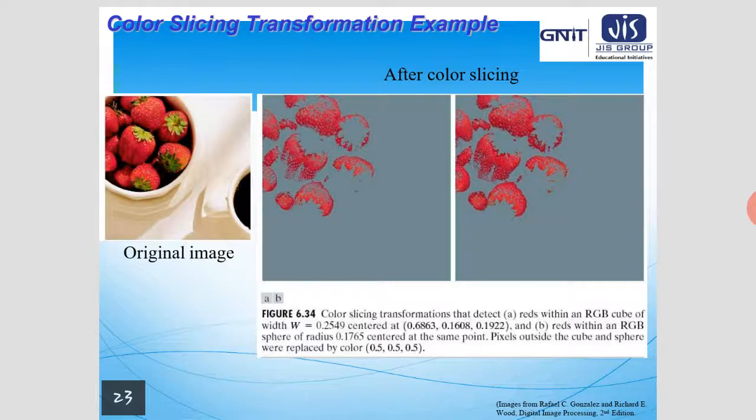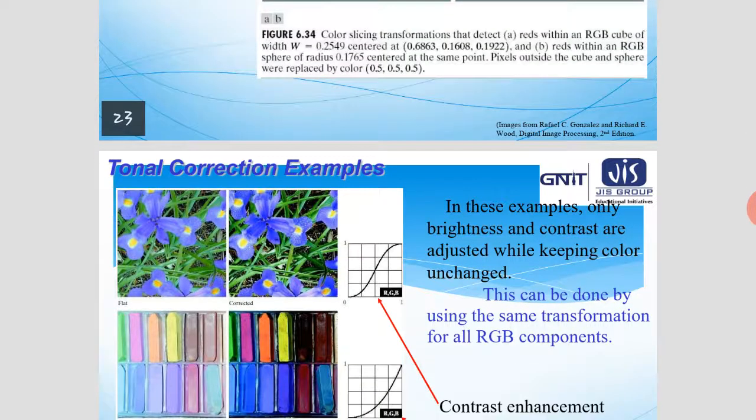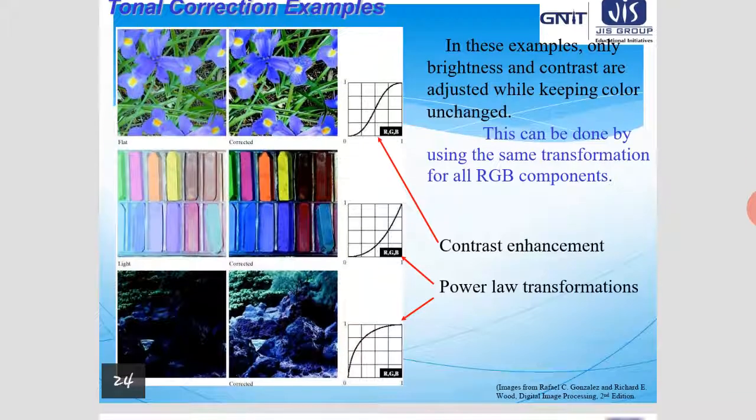Pixels outside the sphere were replaced by the color (0.5, 0.5, 0.5), which is like a gray value. So it is very easy to understand the color slicing transformation, by which the red color is sliced from the original color image.